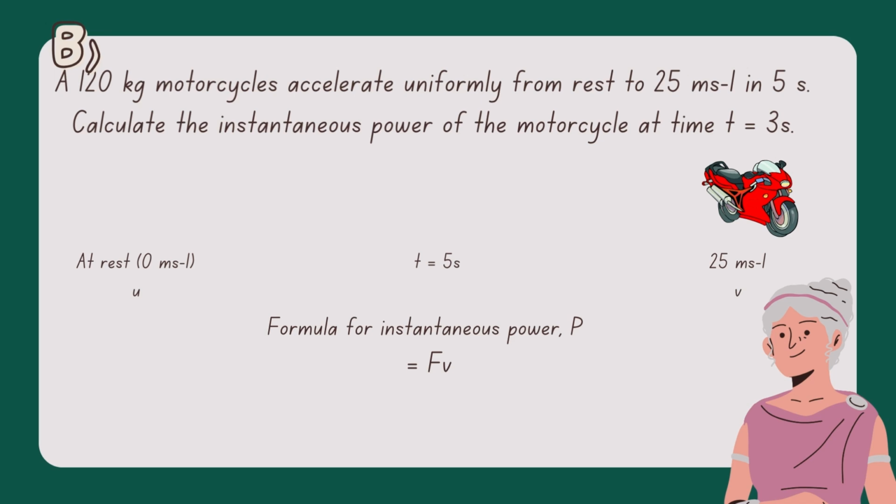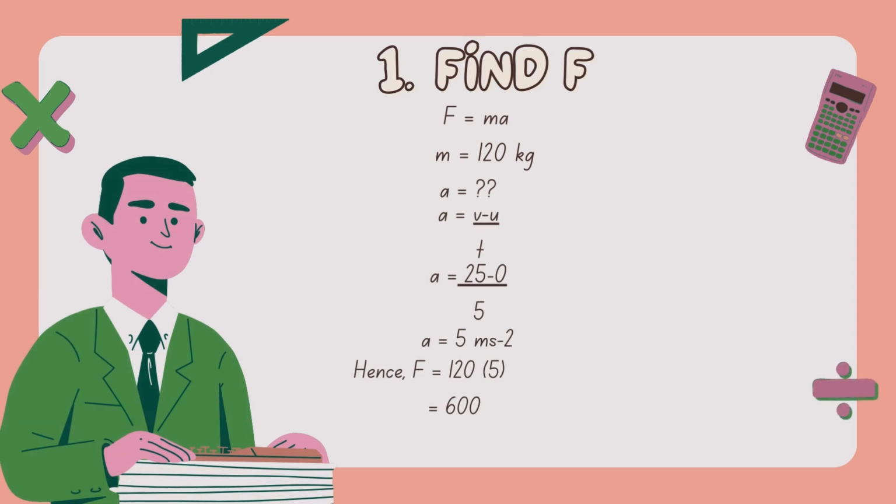So the formula that we will use for instantaneous power is P equals Fv, where F is force and v is velocity at this specific time. The first thing is we need to find F. As we know, F is equal to ma, and m given in the question is 120 kilogram. What we don't know is a. We know from the previous chapter, a is equal to final velocity minus initial velocity over time.